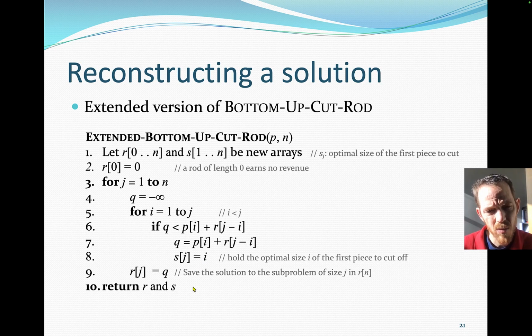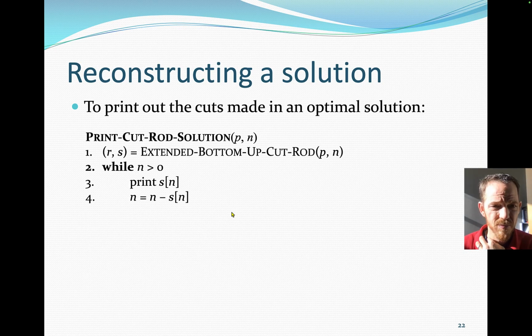And then once we've calculated r and s fully, we can return those. The code to print out the optimal solution is very straightforward. We're going to display what it is and then jump backwards and essentially make that cut, make it smaller, and keep going until there's nothing left.